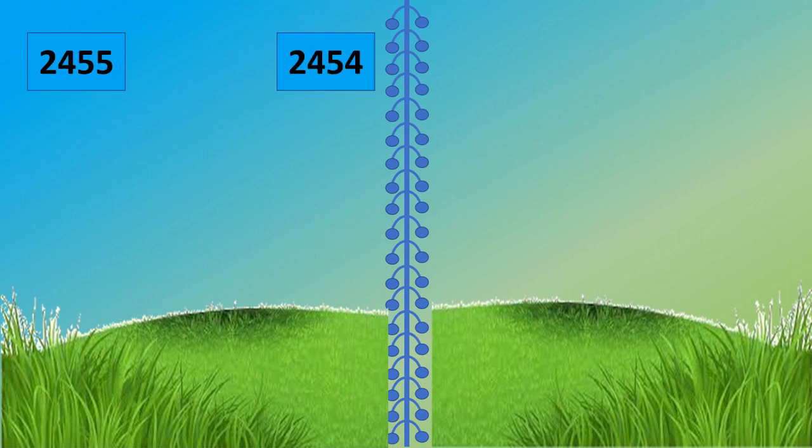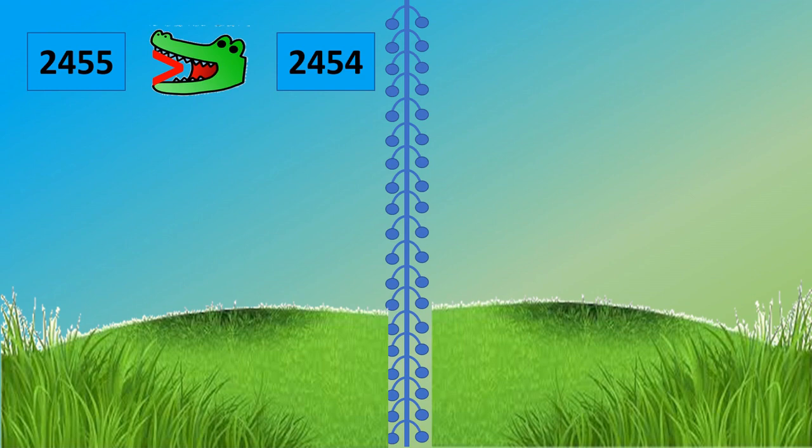Look at these numbers, 2455 and 2454. If you look carefully, you will see that all the numbers are the same except for those in the units place. So, number 2454 is just less by 1 than the number 2455.